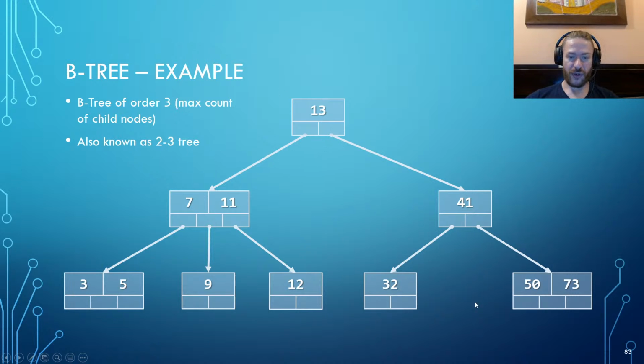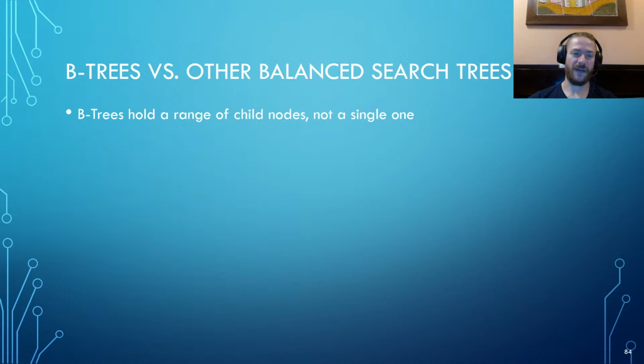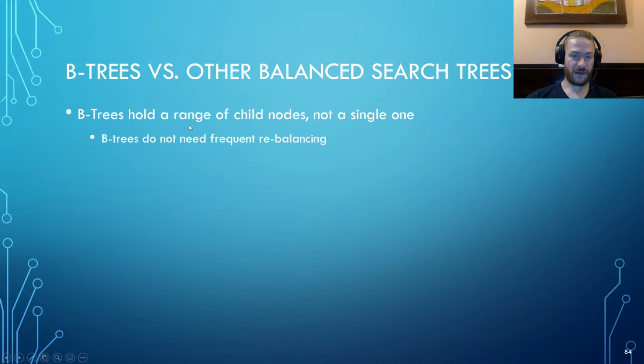So the B-tree has maximum 2 values in a node and maximum 3 connections. The values are stored in increasing order. And what's the rule here? What are the properties of this tree? So the B-trees hold a range of child nodes, and they don't need frequent rebalancing.